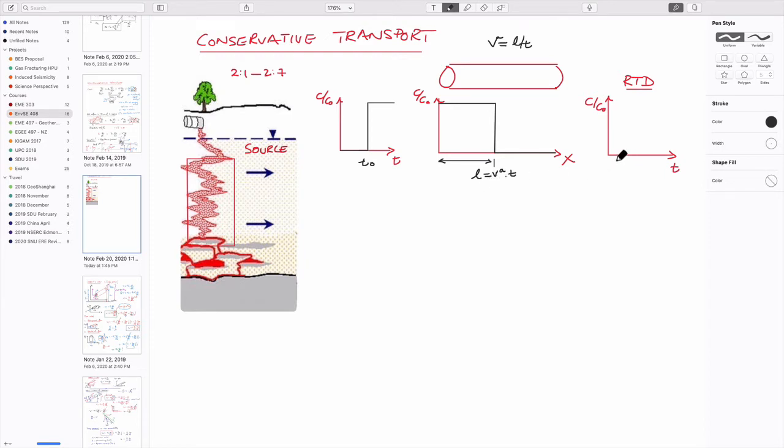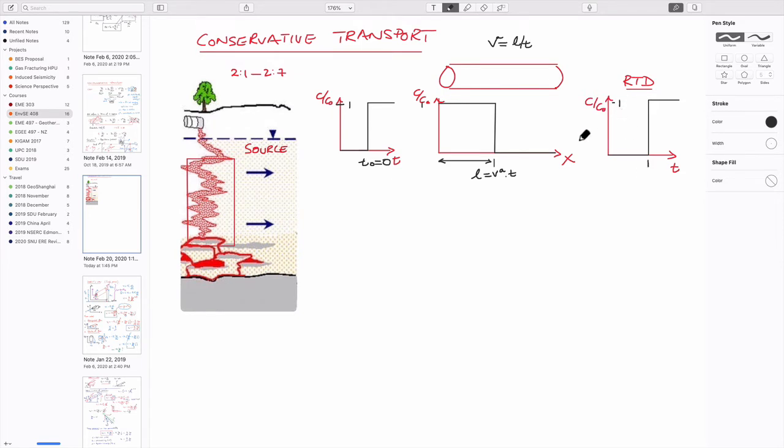If we look at the RTD curve, we expect the breakthrough to occur like this. If this is time t0 that we put the stuff in, all of a sudden we turn it on at time 0. It was 0 concentration, and now it's suddenly a relative concentration of 1.